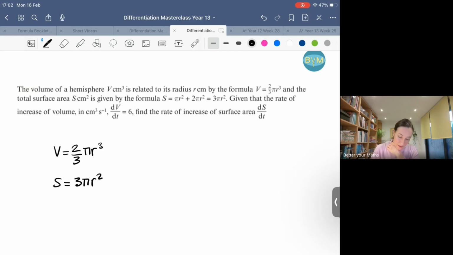Given that the rate of increase of volume is 6, even if they don't tell me this is increasing volume and in centimeters cubed per second, it should be this. Find the rate of increase of the surface area.